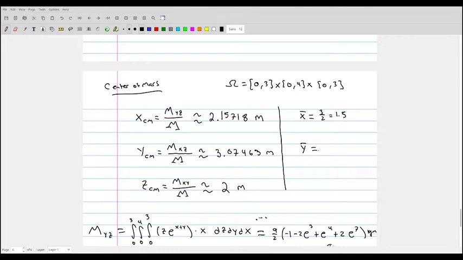The y coordinate of the centroid is going to be 2. And the z coordinate of the centroid is also going to be 3 halves, or 1.5.